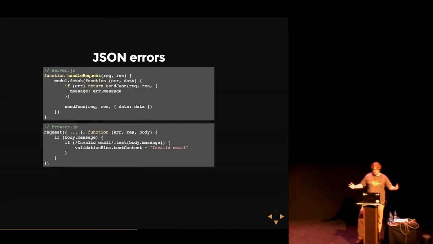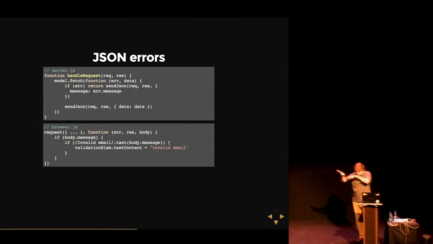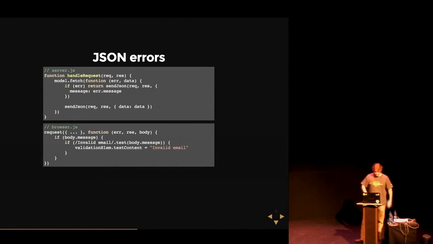When you're doing HTML errors, that's pretty simple. You send some kind of 500 page or a form with nice validation errors in place, all nicely controlled by the server. When you build a JSON API server in Node, one of the things we did for a very long time is handle the request and response, do some stuff, and if there's an error, just send the message string.